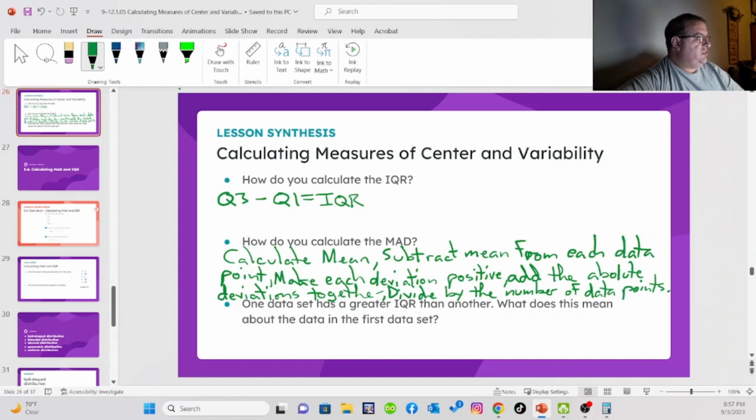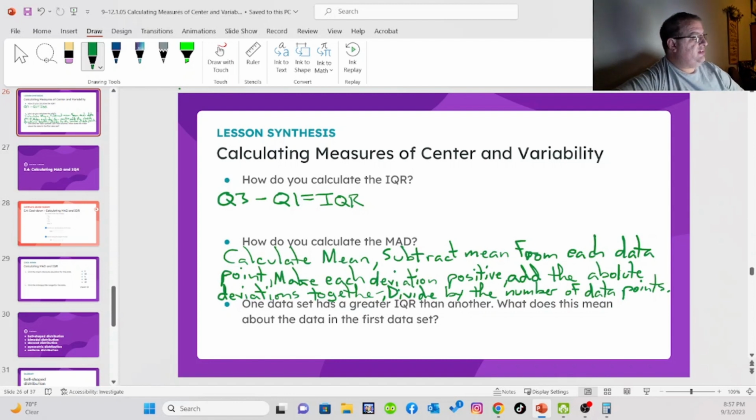The last question says, one data set has a greater IQR than another. What does this mean about the data in the first set? The IQR tells you how spread out your data set is. So the larger the IQR, the more spread out your data points are. The smaller your IQR is, the closer together your data points are.